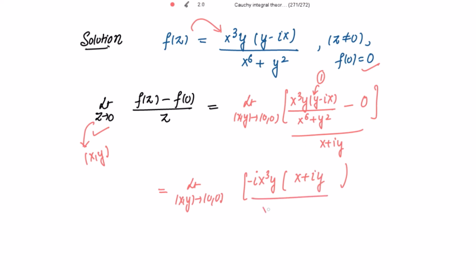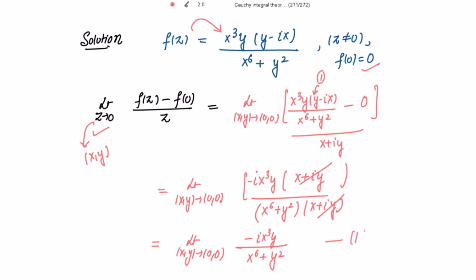Divided by x to the power 6 plus y square. Why have I done this? So that I can cancel x plus iota y from the numerator and also from the denominator, right? So we are getting limit x, y tending to 0, 0 of minus iota x cube y divided by x to the power 6 plus y square. Please mark this as 1.